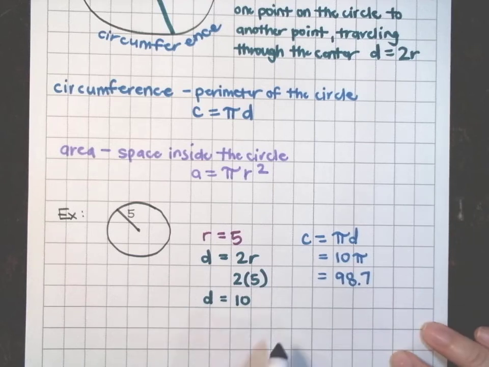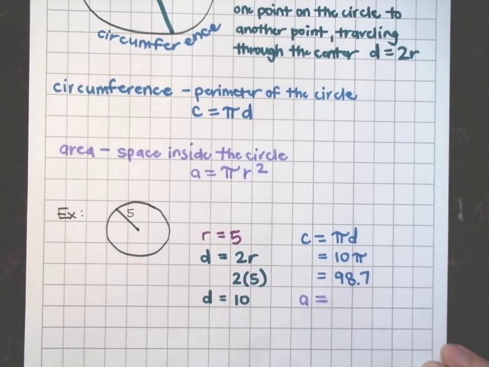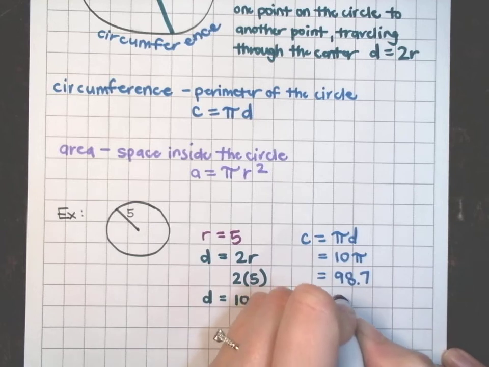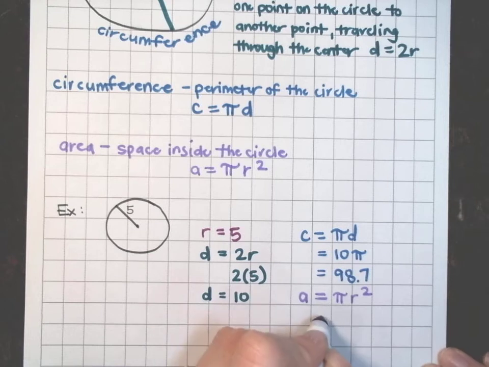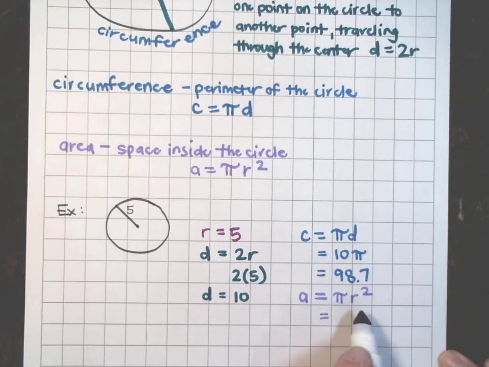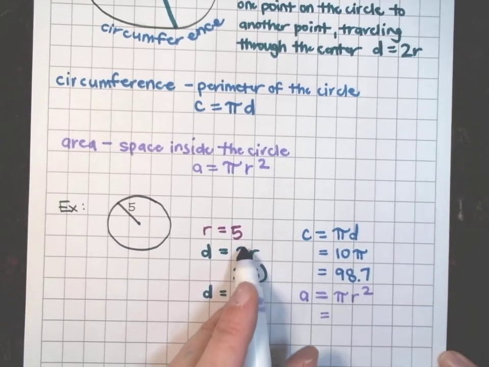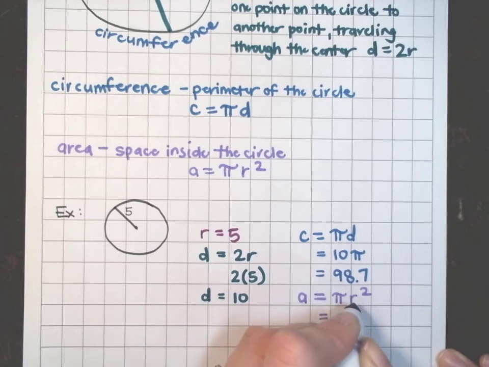And then we can find the area. Now that we found the circumference, area equals pi times the radius squared. So the radius squared is 5 squared. And then we always put pi last.